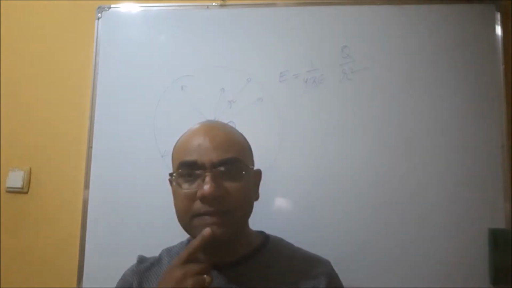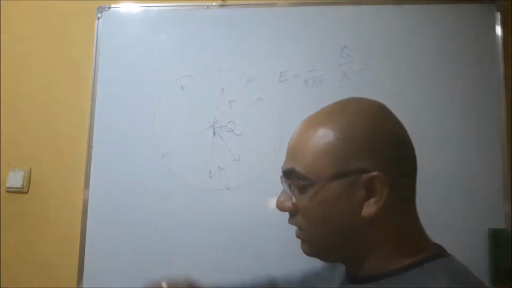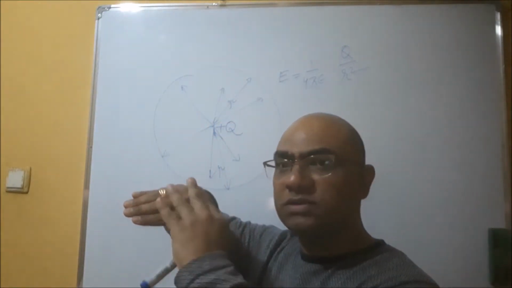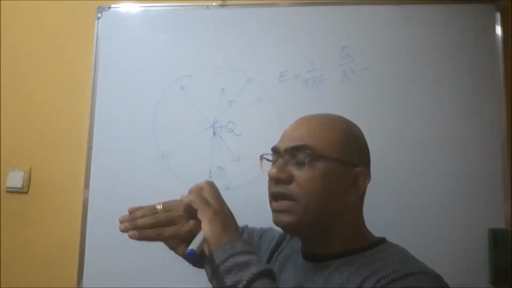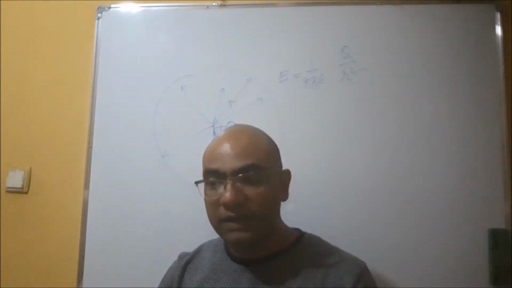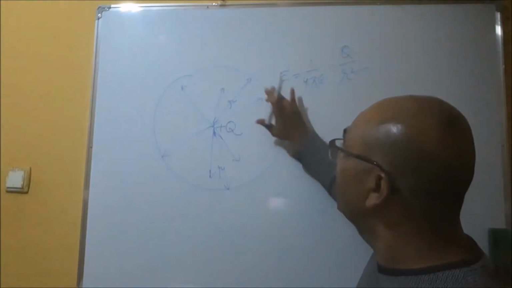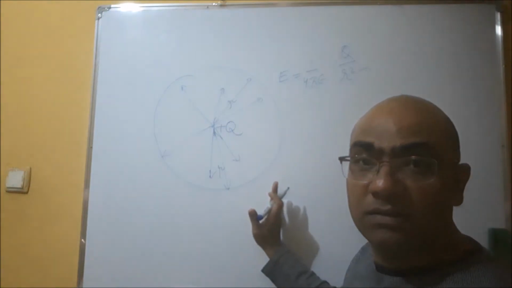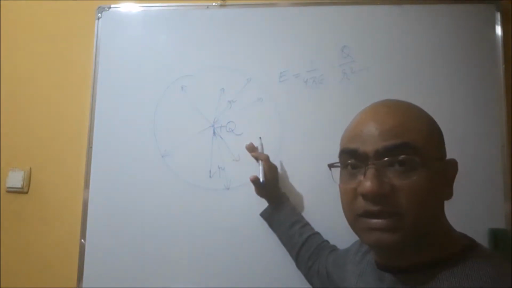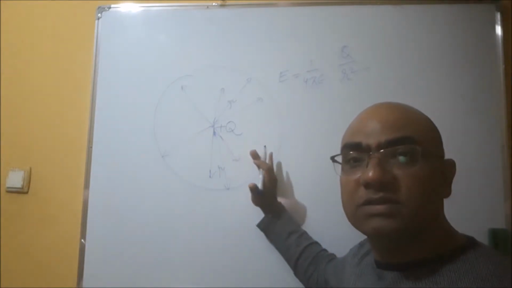Wherever we are moving on the surface of the sphere, we are at the same distance. So this means that on the surface of the sphere, each and every point has the same value of electric field, right? And this is called spherical symmetry. Okay, we have the symmetry of the sphere on the sphere, so it is called spherical symmetry.